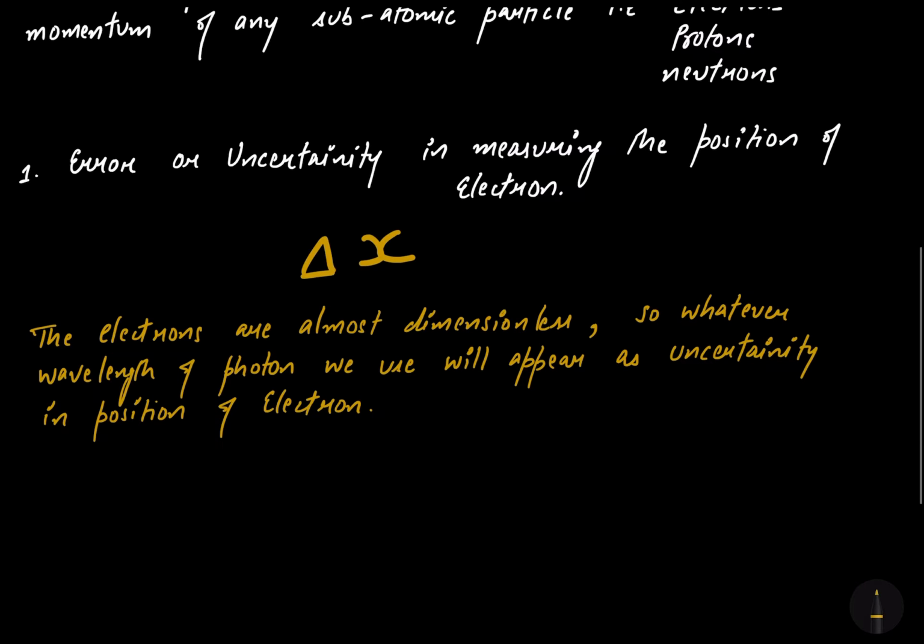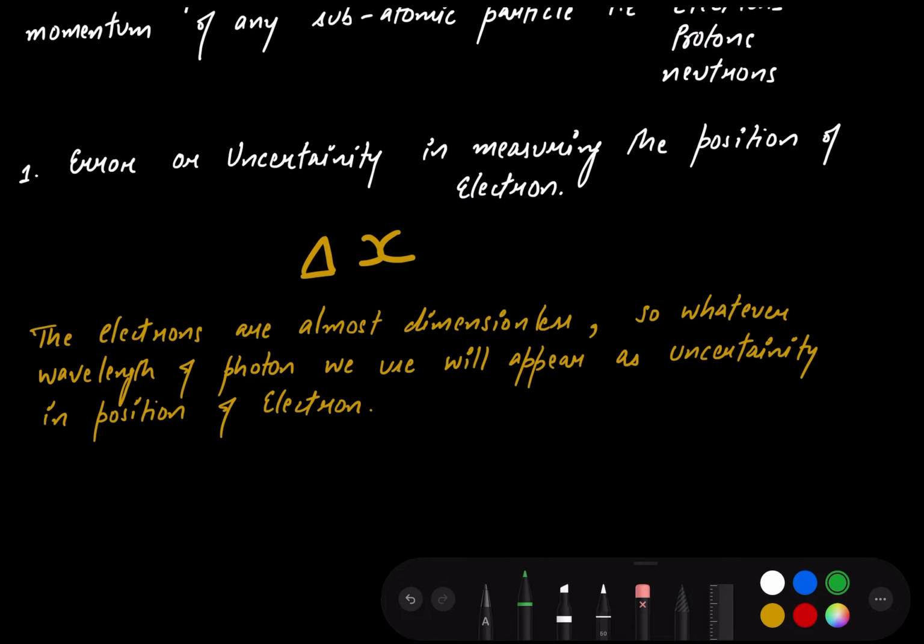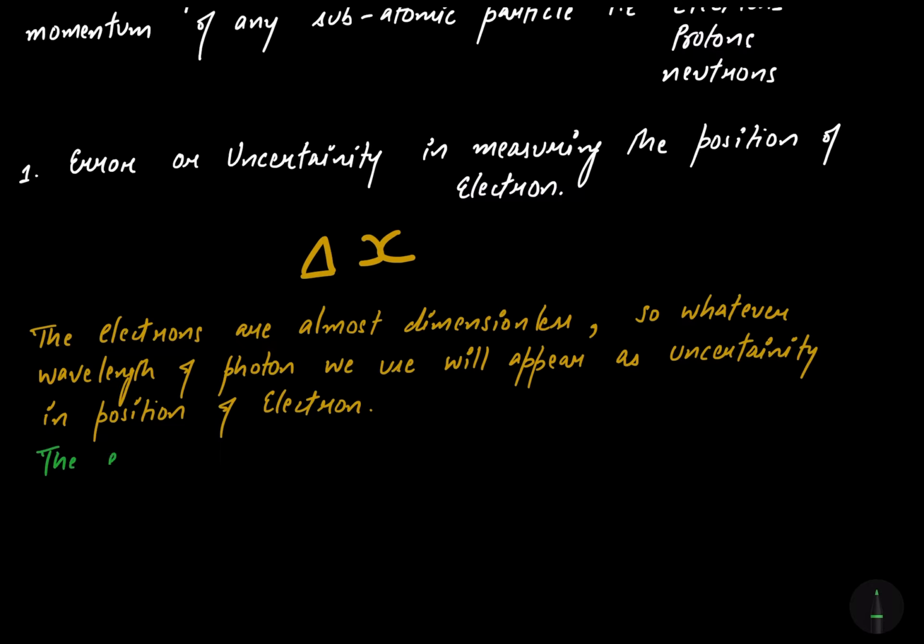That means the electron will move a certain distance when the photon strikes it.